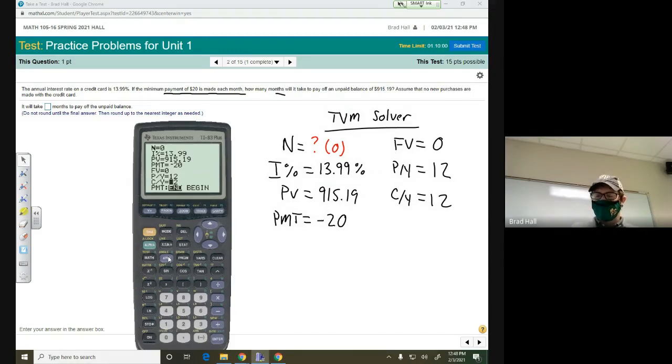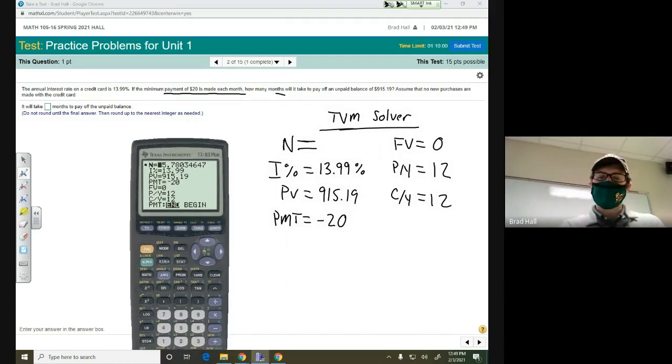Now that we plugged everything in, the value we are looking for is capital N. So remember, alpha, enter. The problem tells us that N is, notice what it wants us to do: round up to the nearest integer as needed. So they want us to round up.